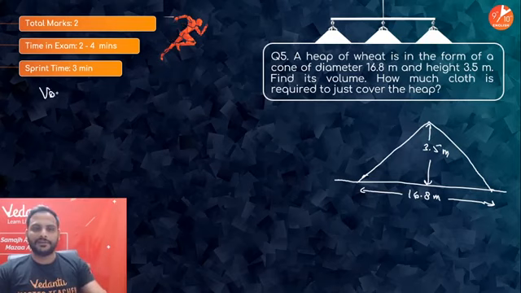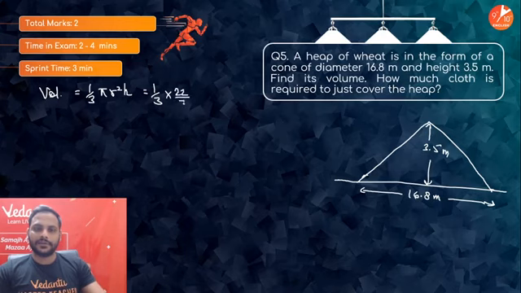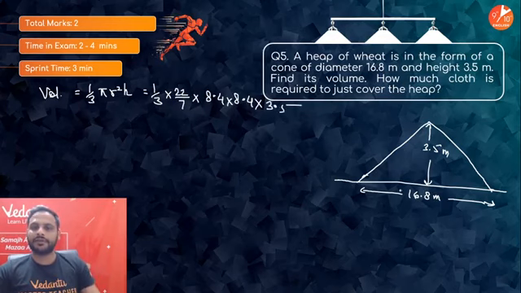So volume is very easy, beta. 1 by 3 pi r square h. So 1 by 3 pi is 22 by 7. See, 16.8 is the diameter, so radius will be 8.4. 1 by 3 into 22 by 7 into 8.4 into 8.4 into h, height is 3.5.